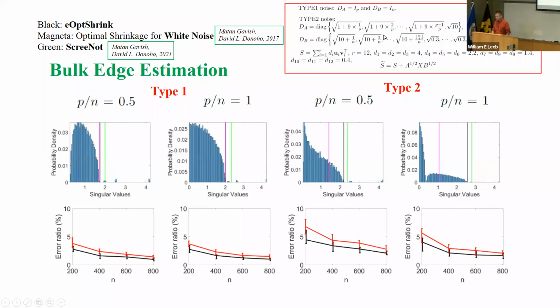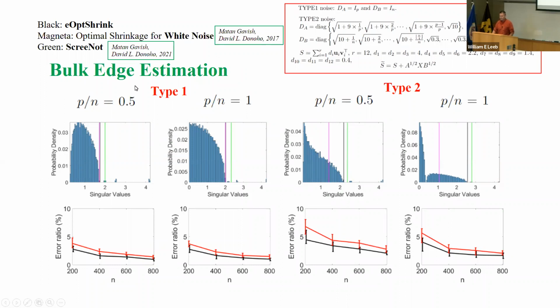Because it's a simulation, we have some knowledge about the bulk edge of this matrix. So we know that r plus should be equal to 6 in type 2 noise. And d7 to d12 are small signals. They should be below or around the bulk edge. So we simulate to see how correctly our estimator of the bulk edge is estimated.